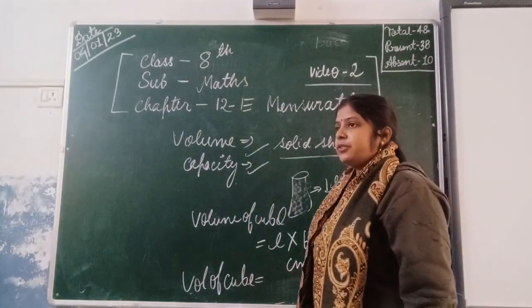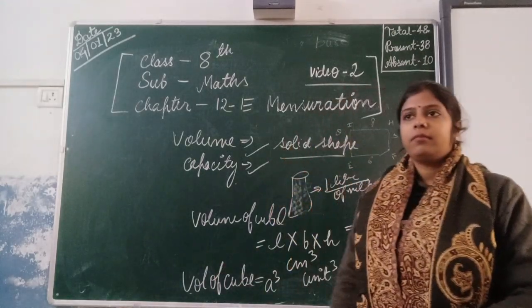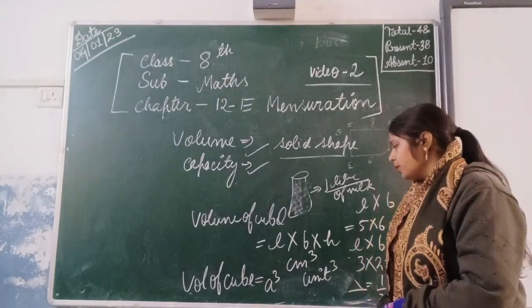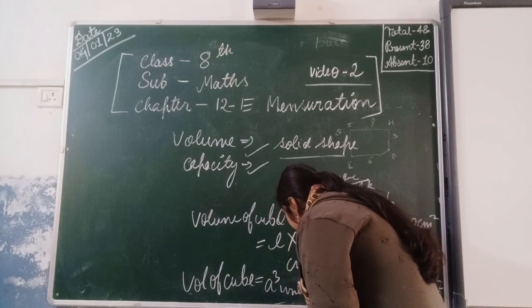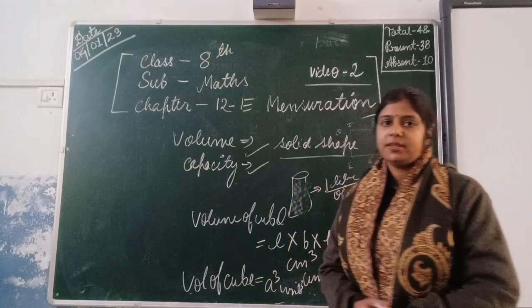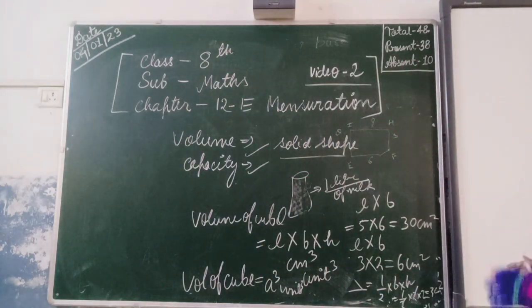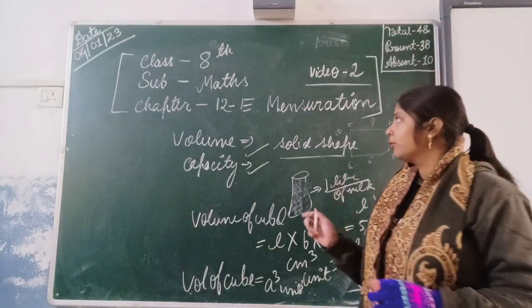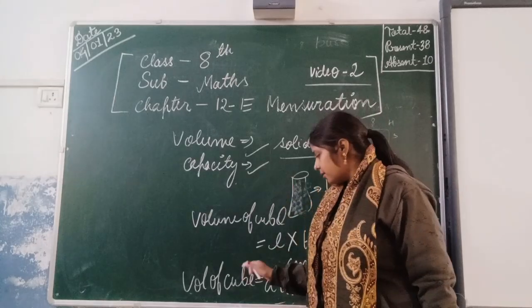So when the dimensions are the same, it is a cube. Why? 3 times of it. A is the side. So we can say a cube unit cube, whatever the unit, meter, centimeter. So this is all about exercise 12C. In this complete chapter, we will solve questions with respect to volume of cuboid as well as the cube.